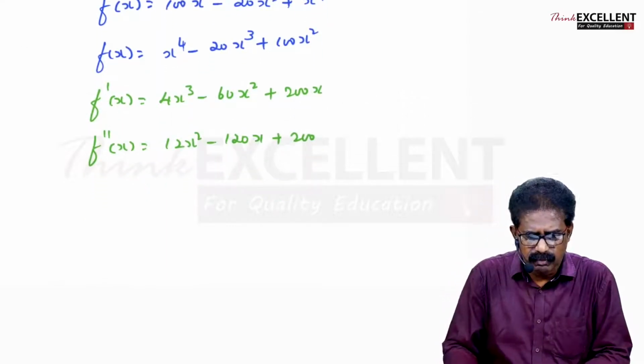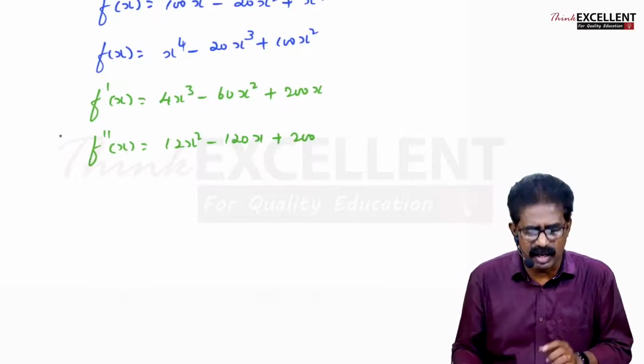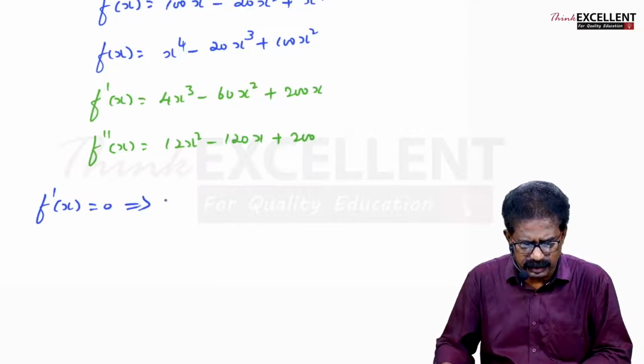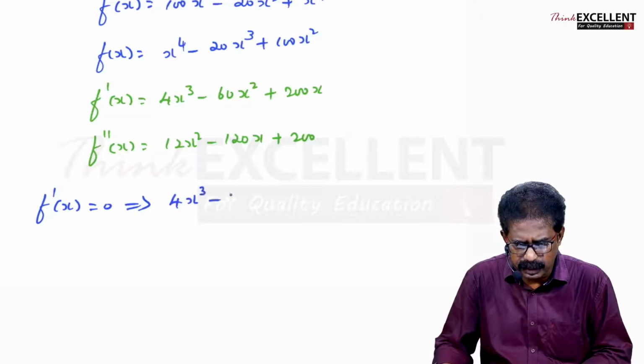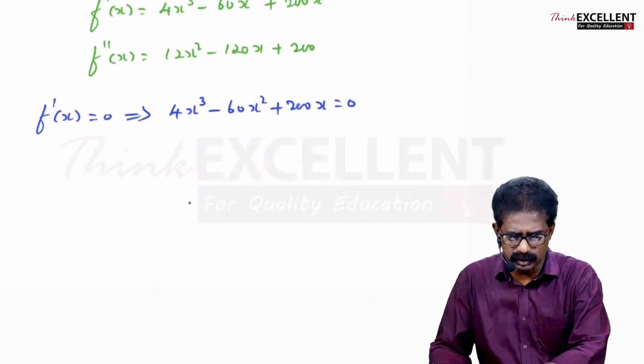Now, for maxima, local minima, first you have to find stationary points, right? For that, the condition is first derivative 0. Equate the first derivative with 0. So what is first derivative here? 4x cube minus 60x square plus 200x equal to 0. Now it is an equation. So 4 is common.